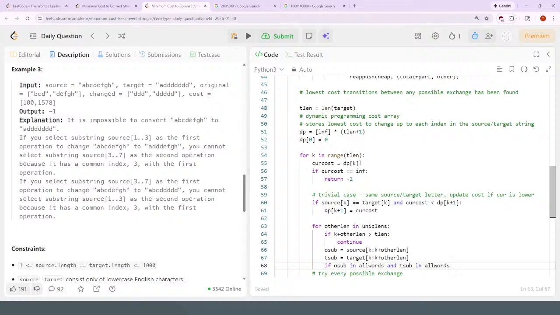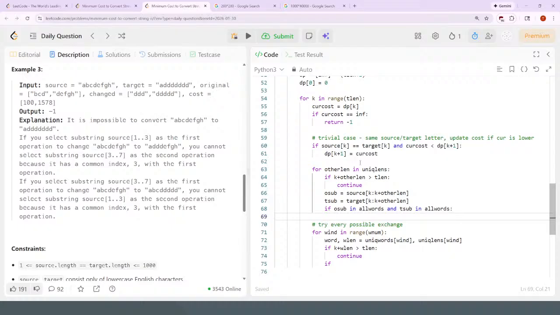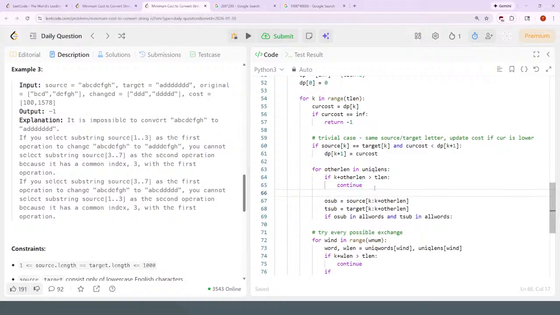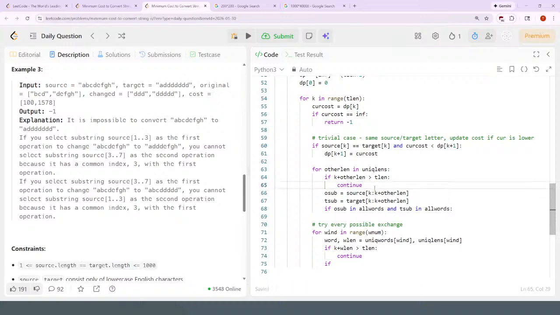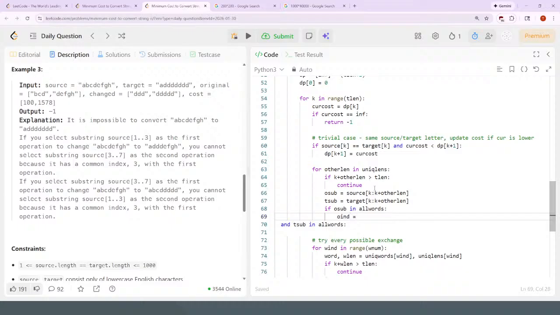Let's see. I need to find their indices. I guess it should be something like if O sub is in all words, then O index is going to be all words at that index.